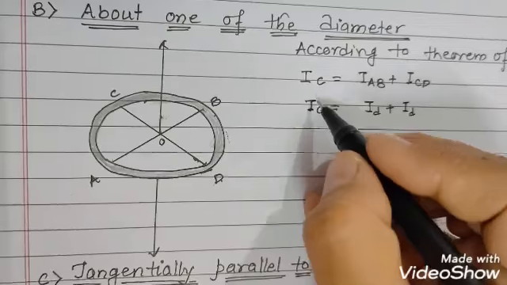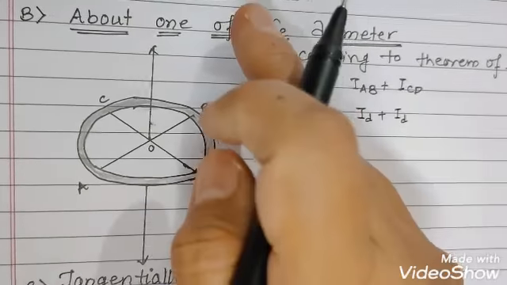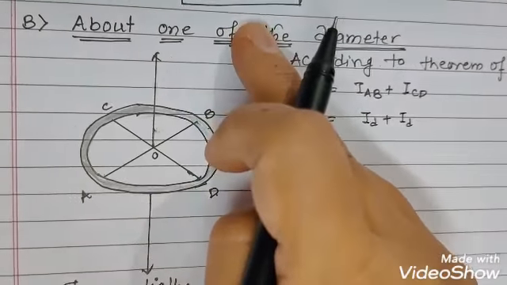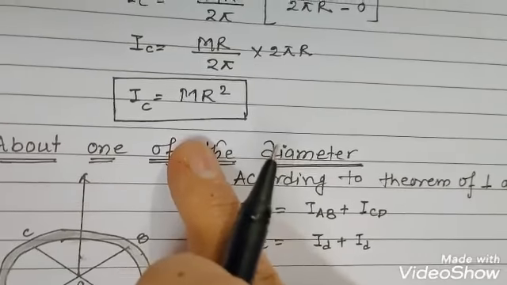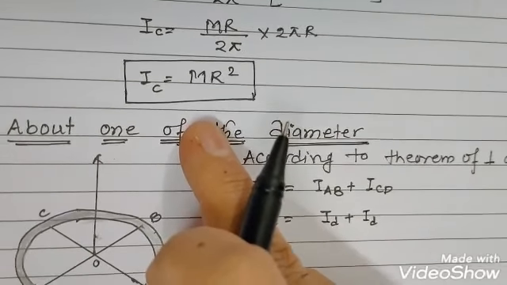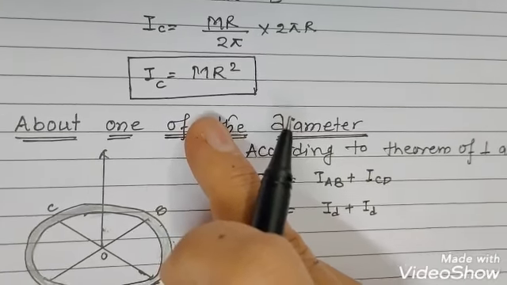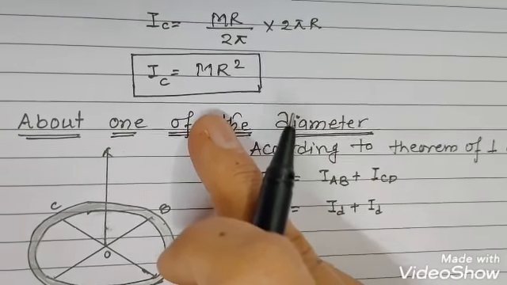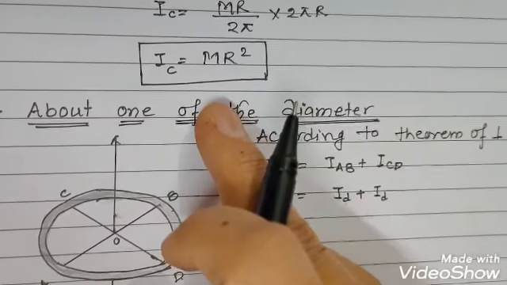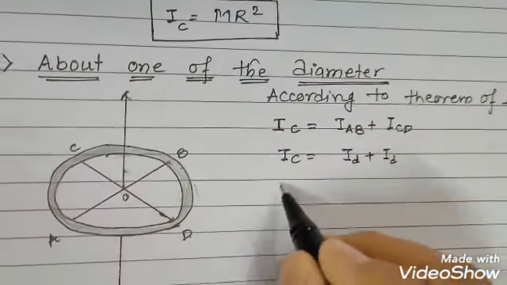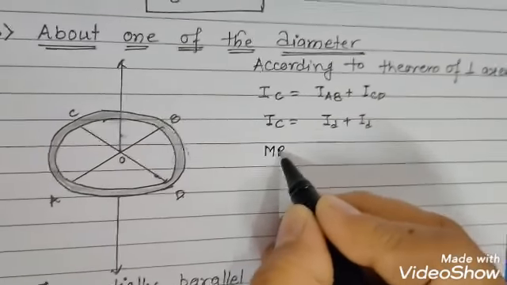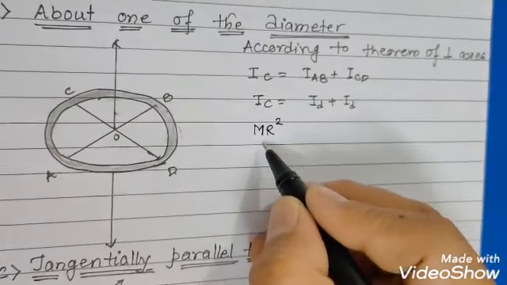You will find here IC already we have calculated, that is mr square. Previously we have derived the formula for the IC, that means the moment of inertia about an axis which is passing through the center of the ring. So that is IC, and this will be the formula which we'll put here. IC is mr square.